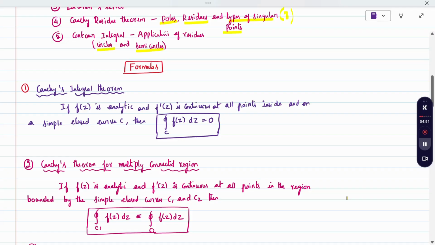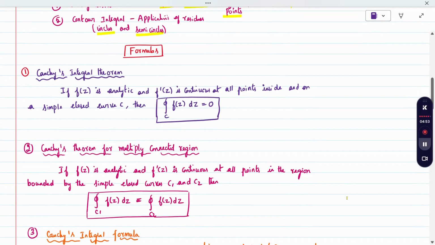Then the definition extends to the Cauchy theorem for a multiply connected region. f(z) is analytic and f'(z) is continuous at all points in the region bounded by simple closed curves C1 and C2. When I have two curves, how can I write it?